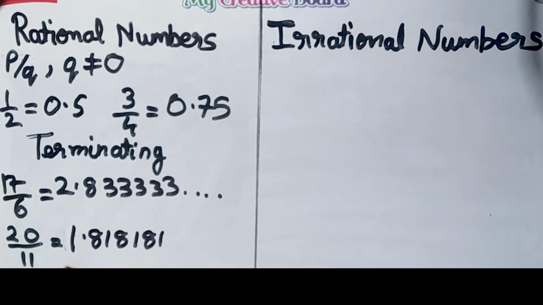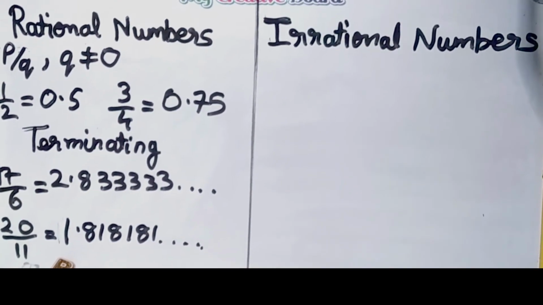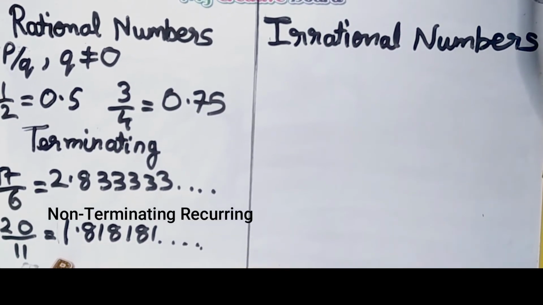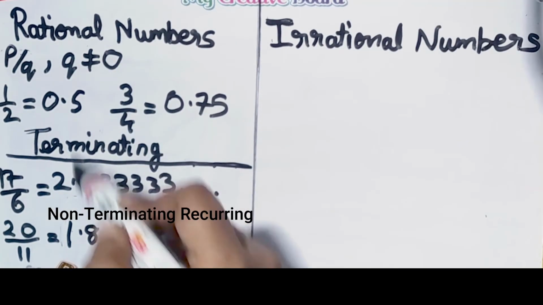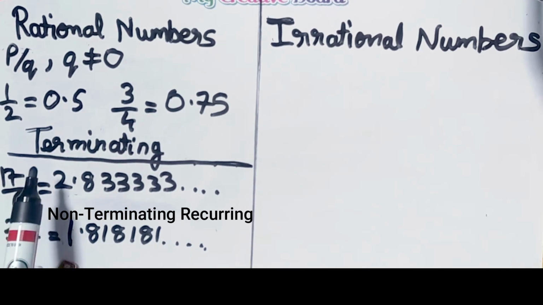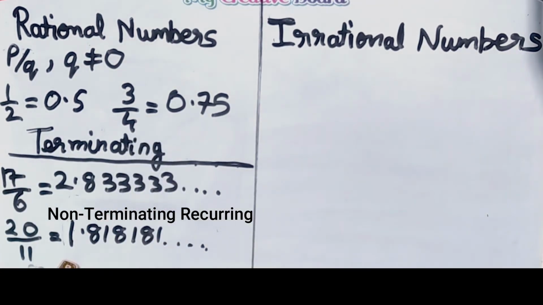The 81 will go on repeating, it will never stop. So this type of number is called non-terminating recurring. This rational number will be of two types. One is terminating, that is, after some numbers it will stop, and the other is non-terminating recurring, which does not stop but the same number keeps repeating. Such numbers are called rational numbers.